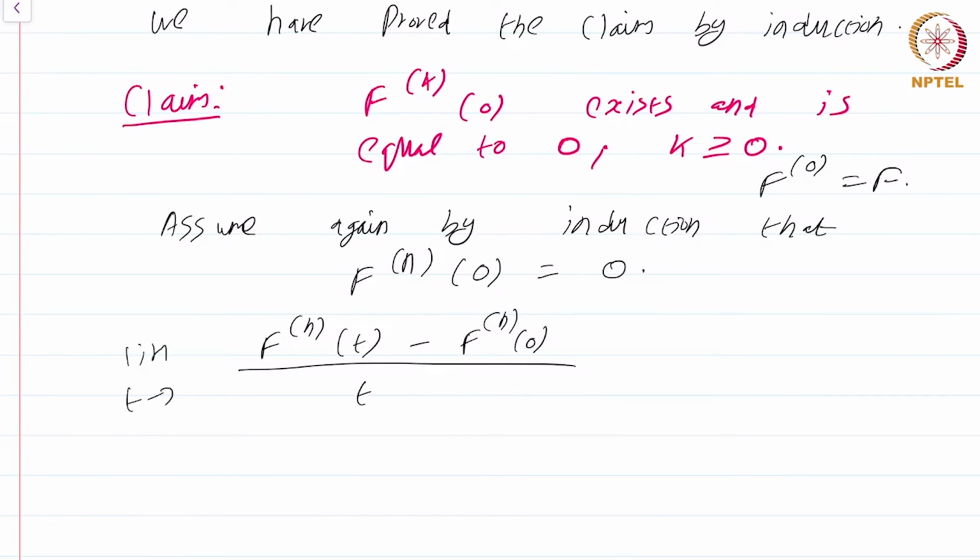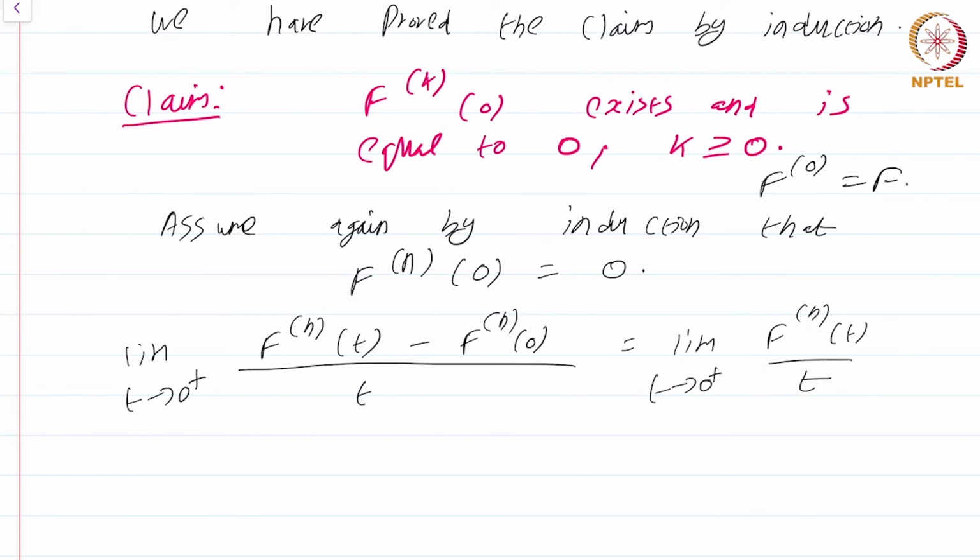This is nothing but the definition of the derivative from the right at the origin. We already know that fn of 0 equals 0 by the induction hypothesis. So this is just the limit as t goes to 0 plus of fn of t divided by t.